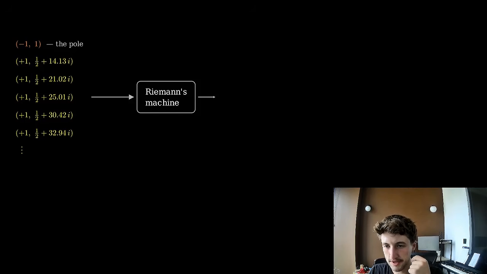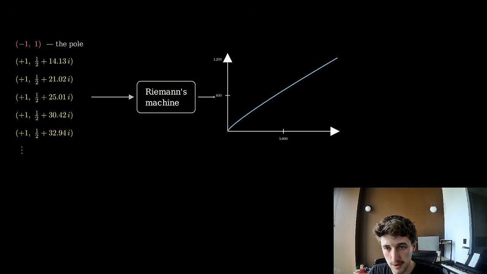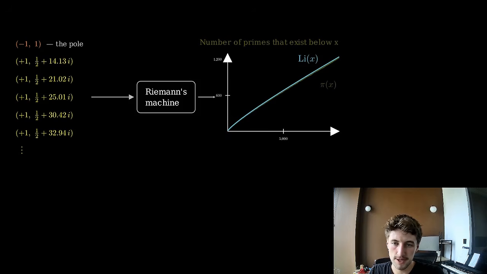But he basically created this machine that converted these poles and zeros into functions. And so the pole was converted into the Li(x) function from the start of the video. And this is the function that predicted the pi(x), but was a little bit off.